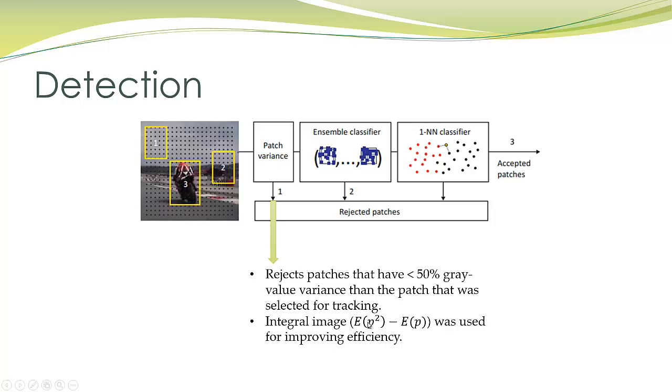E[p squared] minus E[p] squared is the variance equation, and we can notice that E[p squared] can be computed with an integral image in constant time, and so can E[p]. So the integral image is used in this example to improve the efficiency of the algorithm. At the patch variance level, you have to filter out 50% of the points.